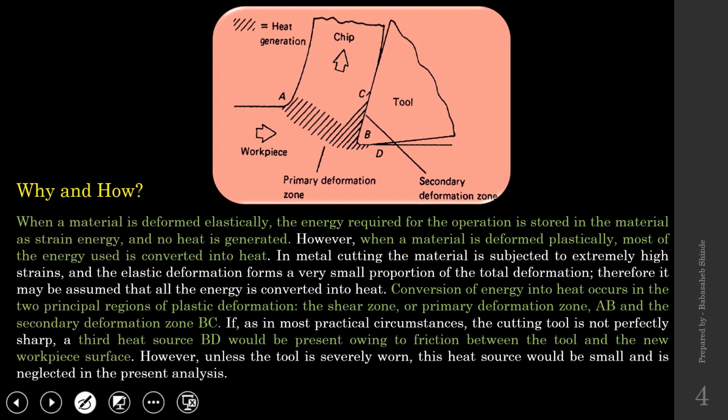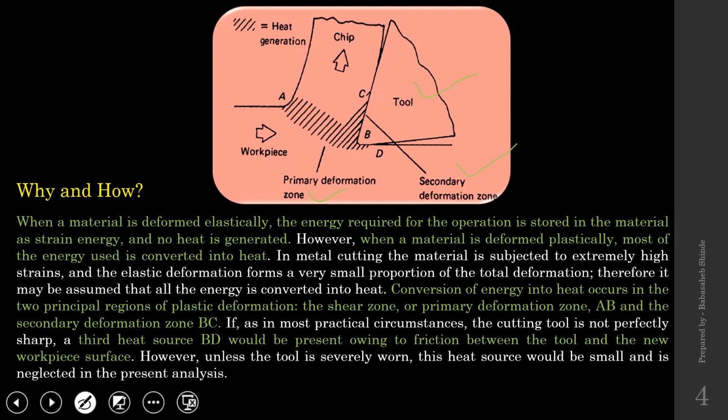So in metal cutting, when you use a single point cutting tool to remove the material from the work surface, during chip formation, there are certain regions where maximum stresses are developed. Those regions are called the primary deformation zone, secondary deformation zone, and there is one more additional zone that comes into picture when we have a certain amount of tool wear.